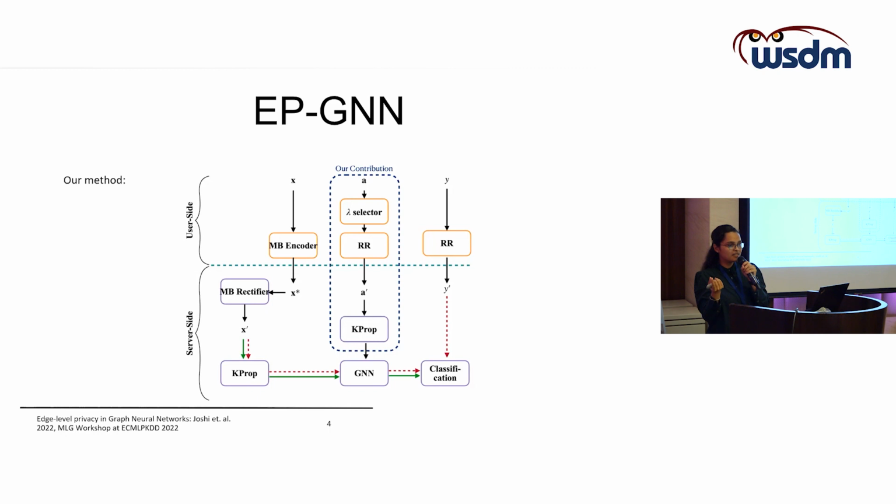As lambda increases, that adds more noise to the neighborhood information. Then we pass this noisy neighborhood to the server, and at the server side, to compensate for the added noise, we again apply KProp, which, as I said earlier, is the GNN layer without a non-linearity. So we aggregate over the neighborhood and then apply the GNN.